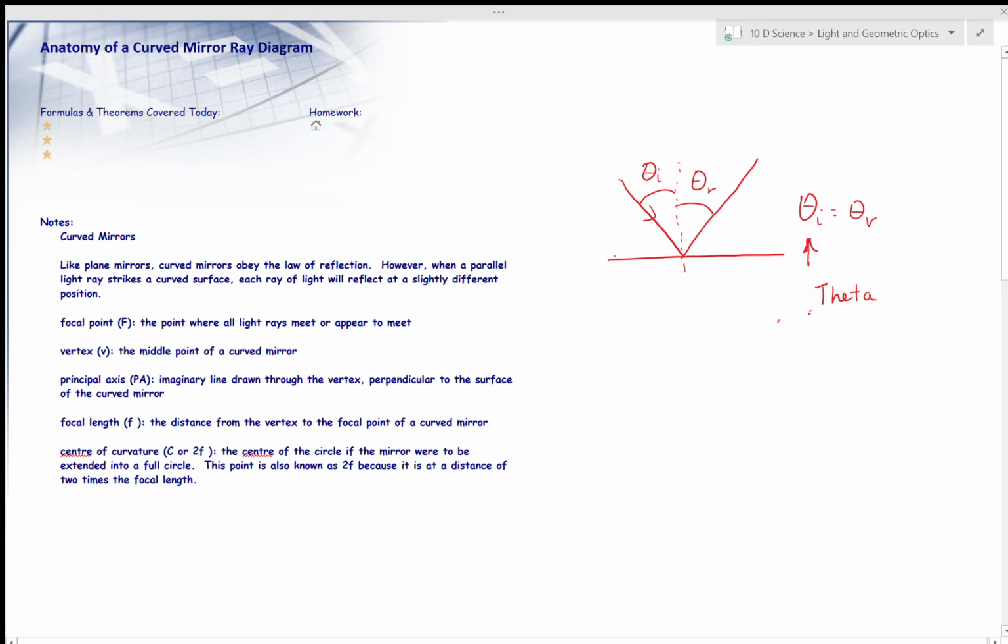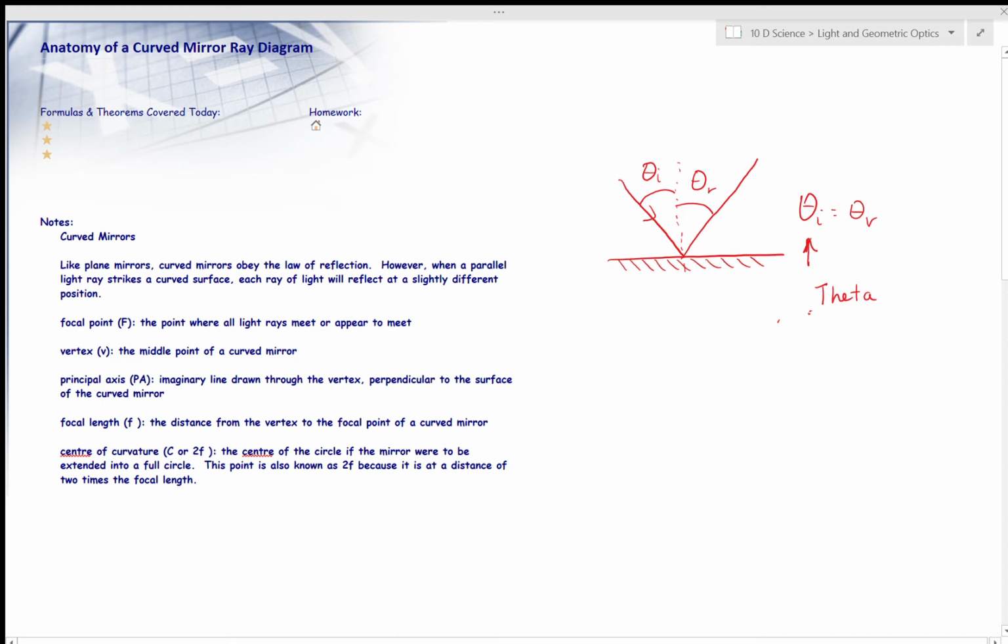And of course, this is my reflective surface, and this side of the mirror there is not reflective. With a curved mirror, nothing changes, still has to follow that same rule where theta I equals theta R. The only difference is that it's going to be a different angle depending on in which direction you are coming at the mirror and where on the mirror that particular light is striking.